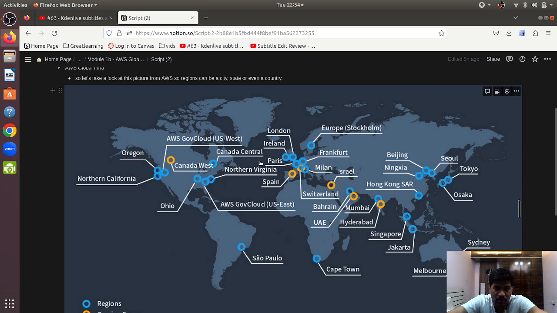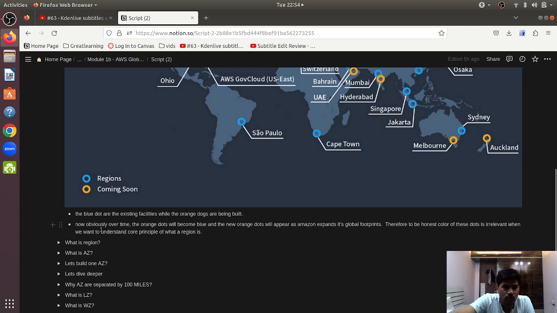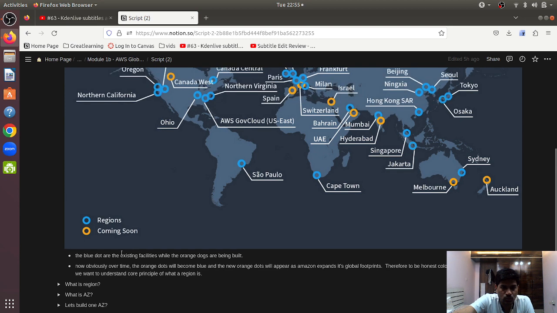We have regions like Northern California, Oregon, Ohio, Canada West, AWS GovCloud, US West, Central Canada. So we have the names as well. In India, we have two regions: one is Mumbai and another is Hyderabad.